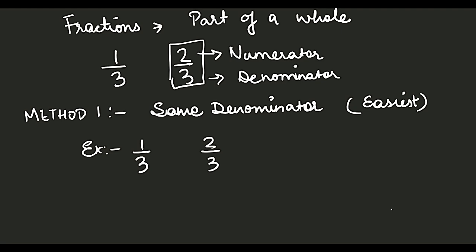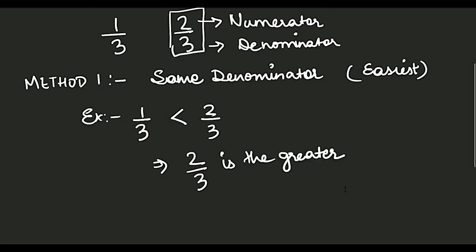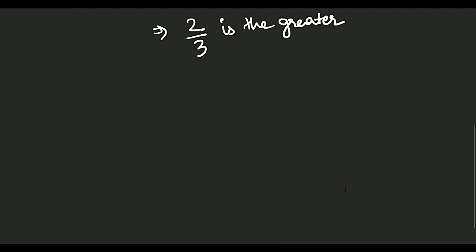When the denominator is the same, you just have to compare the numerator. Which numerator is larger? Of course it's 2. So 2/3 is the greater fraction here. This was method number 1, which is the easiest when comparing fractions.